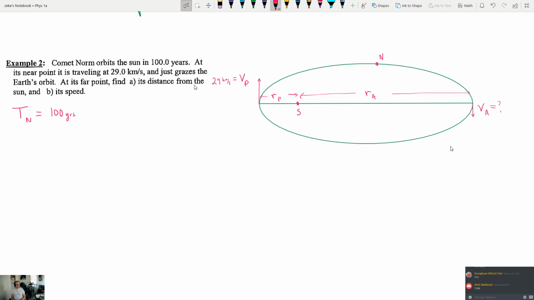And we know that it just grazes the Earth's orbit. It says at its near point, it's traveling at 29 kilometers per second, and it just grazes the Earth's orbit. So what that means is that R sub P, if it grazes the Earth's orbit, what would R sub P be? What would this distance be? If it just grazes the Earth's orbit, what does that mean?